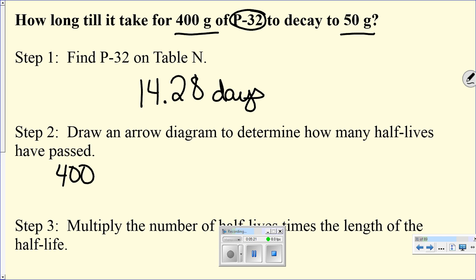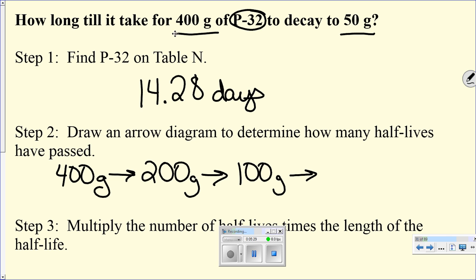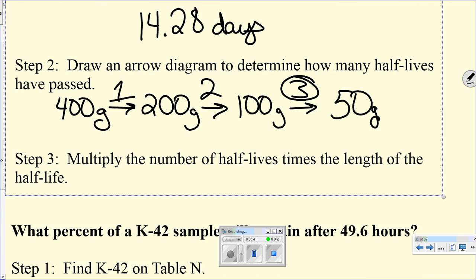If we started with 400 grams and we decayed that once, we would have 200 grams. We decayed that twice, we get down to 100 grams. If we decayed that a third time, we ended up at our 50 grams. So what we want to look at is how many times did we decay? 1, 2, 3. So 3 half-lives went by.